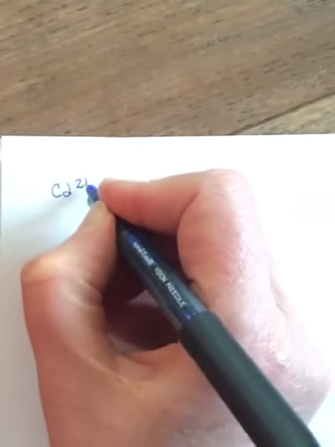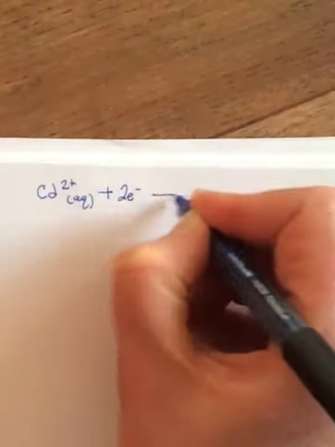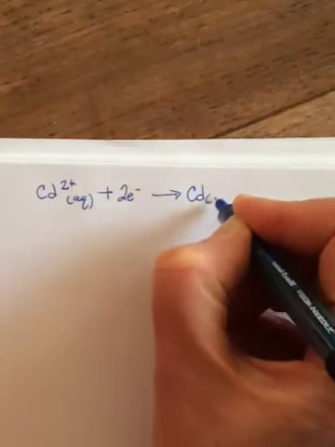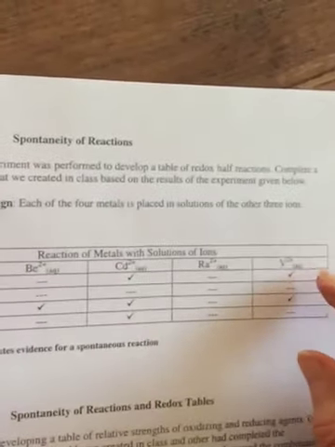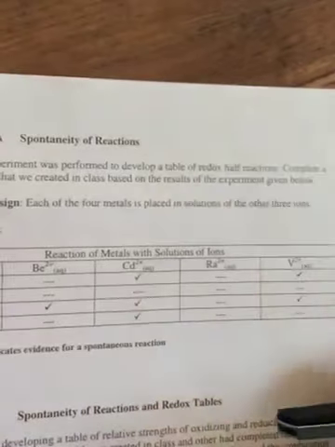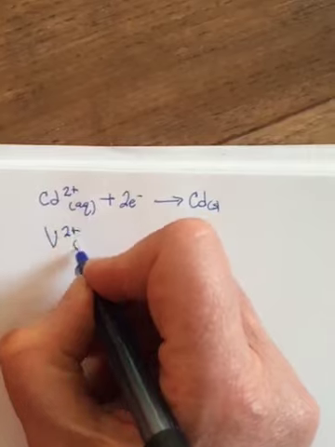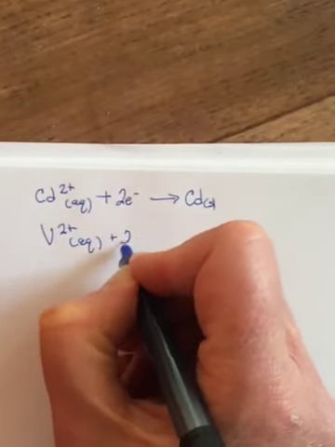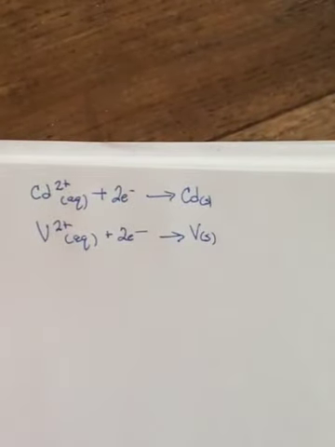So we said the first one should be Cd. So it's going to be Cd2+ aqueous plus 2 electrons going to Cd solid. Next up is this one, vanadium, V2+ aqueous plus 2 electrons going to V solid.